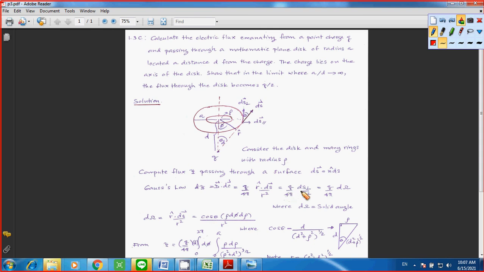And when you dot, you have only the E component that is parallel along the axis of the disk. From the picture, you have only your Y component, as we worked out on the previous problem. So that's why I put dS perpendicular.